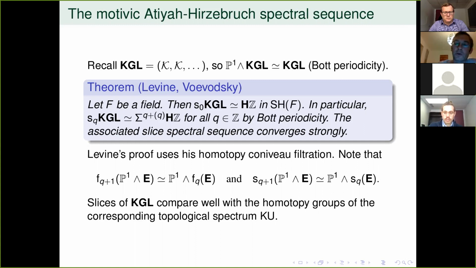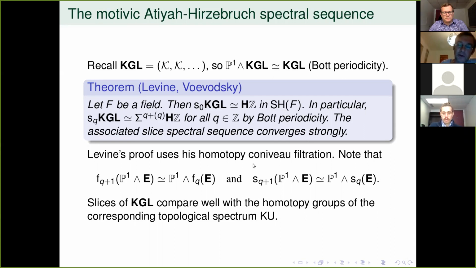So the coniveau refers to the codimension of cycles. Okay, thank you. I could try to say a bit more, but it's rather technical. I'd like to refer to Levine's papers for this.